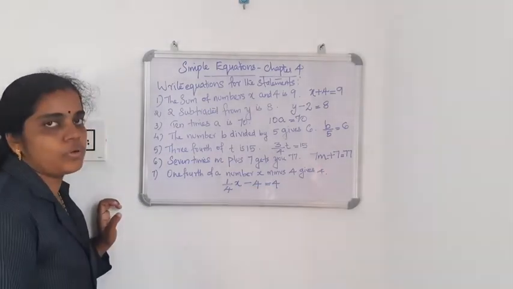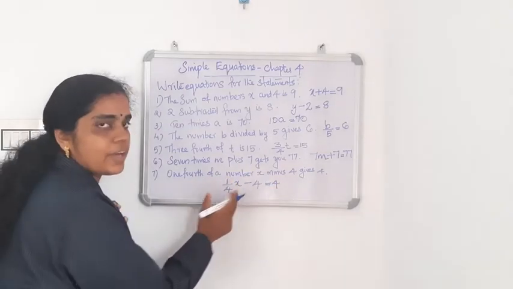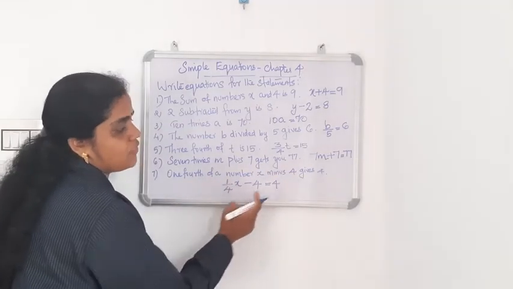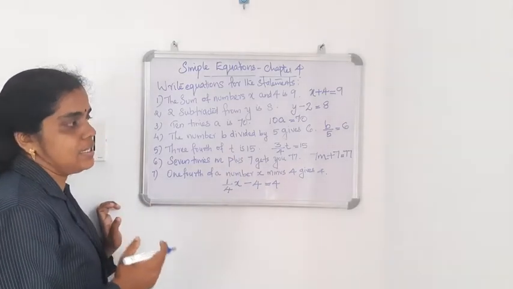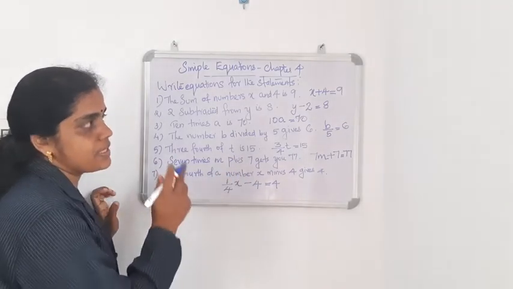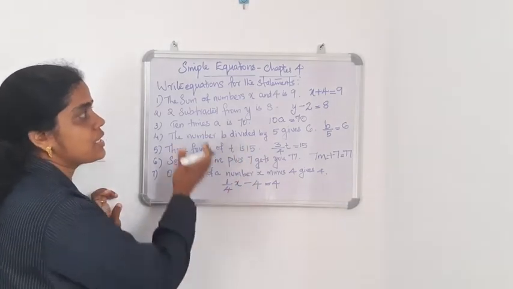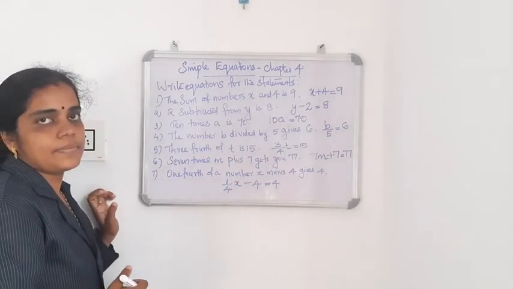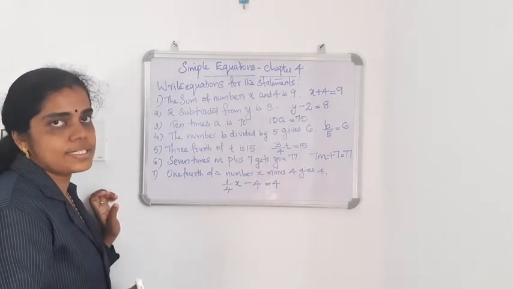Okay. Minus 4 gives 4. Gives, gets you, such terms we are using equal to itself. So these are the equations for this statement. Clear? Some more questions are there that you can practice yourself.